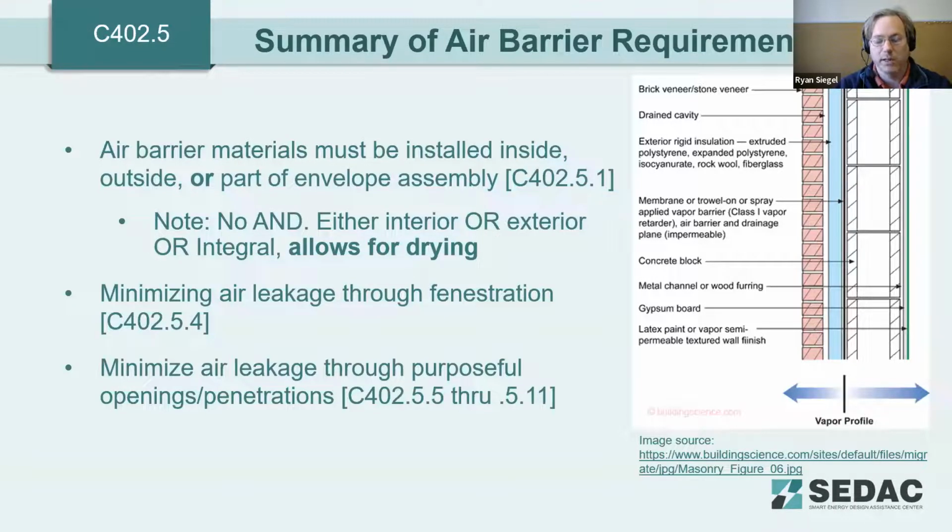Sometimes you end up with assemblies, be it structural insulated panels or precast insulated concrete, or any number of factory made assemblies, where the air barrier can be part of that assembly.